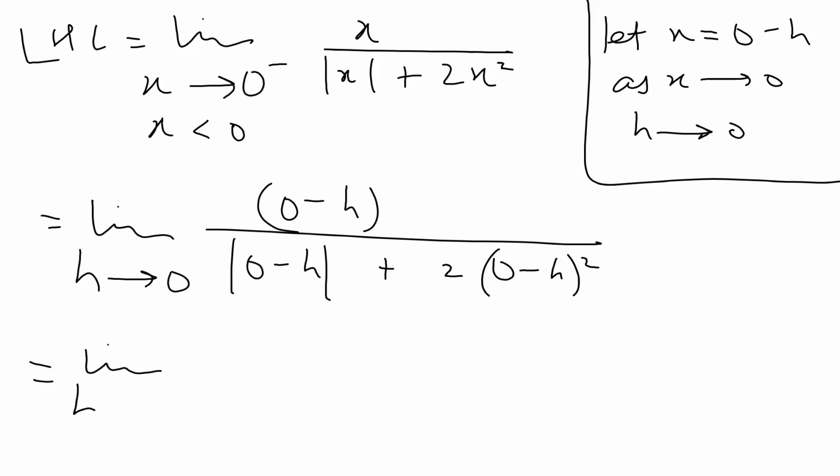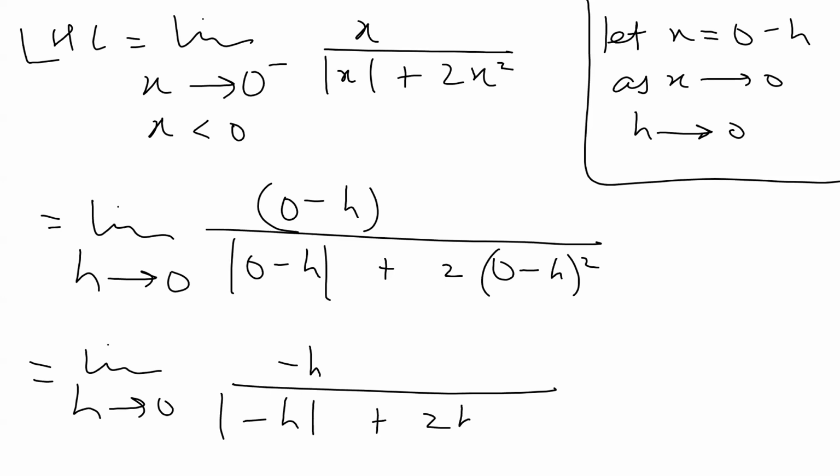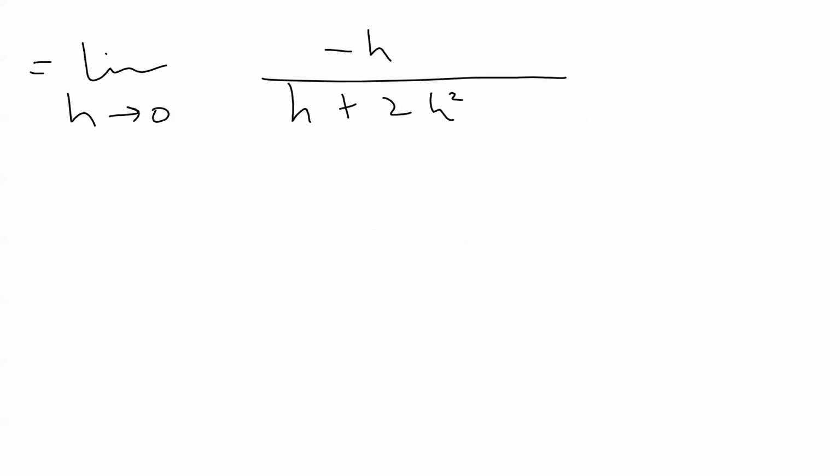Now, don't substitute the value of h as 0 yet, because first we'll have to simplify this. So minus h upon modulus of minus h plus 2h square. Now modulus of minus h will be h. So limit h approaching 0, minus h upon h plus 2h square.